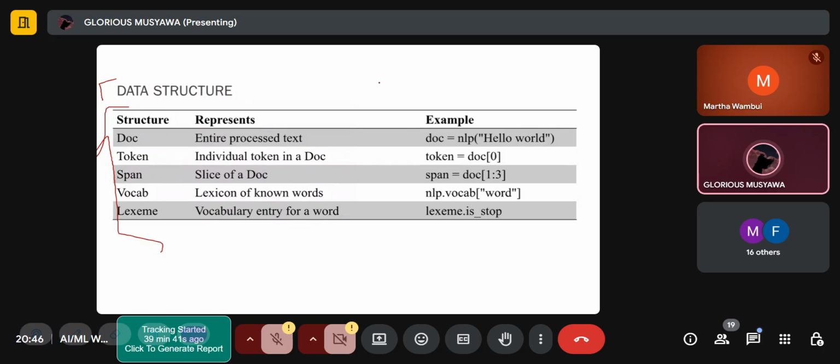Then a lexeme is a vocabulary entry for a word. So these are all connected. A document is looking at your information in its entirety, everything in that information. But a token is what we've talked about in tokenization: we're trying to split our words and understand the vocabulary because it gives us context. So this is just a small table showing us the data structure. Especially when you're using spaCy, you're going to use these words.